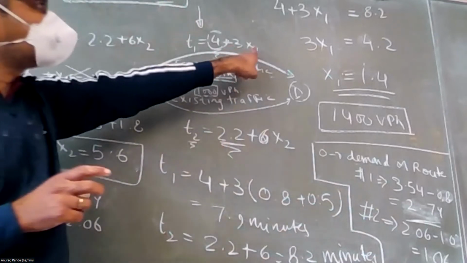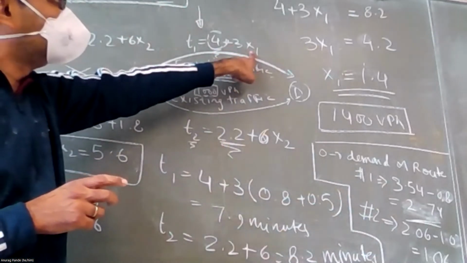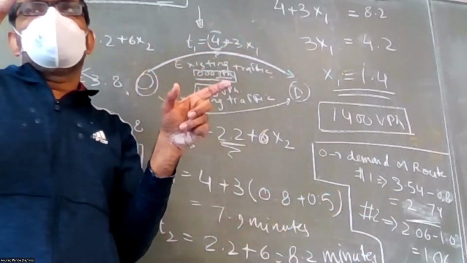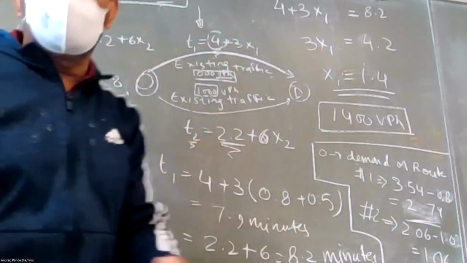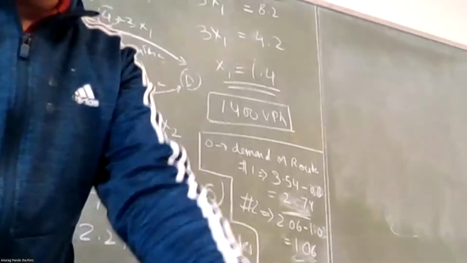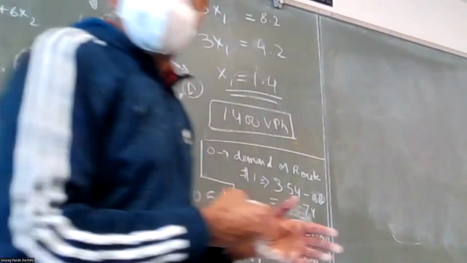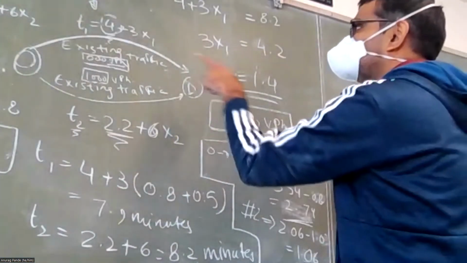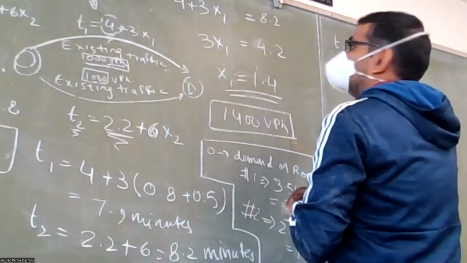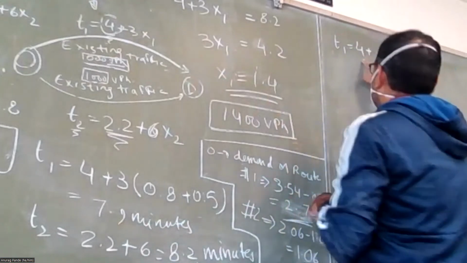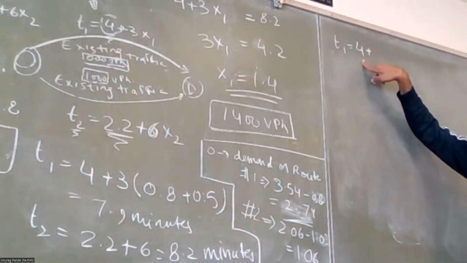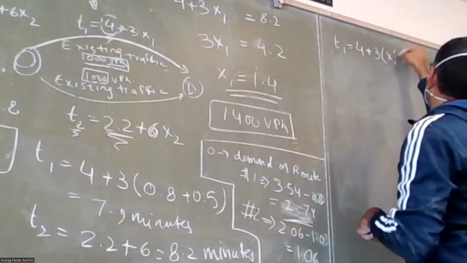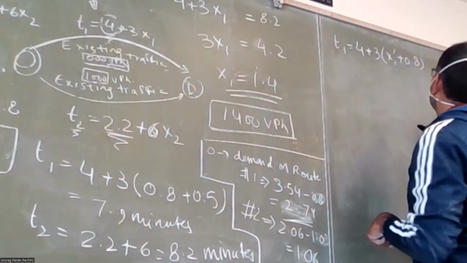And I can directly substitute those x1 prime and x2 prime into it. So instead of actually updating the free flow time, if I do decide to go that x1 prime and x2 prime route, this is what I'm going to do. T1 will be 4 instead of updating the free flow travel time equation, I will just say 3 times x1 prime plus 0.8.